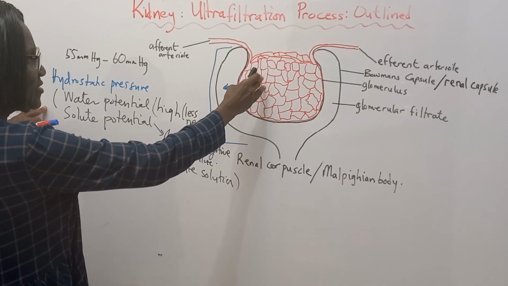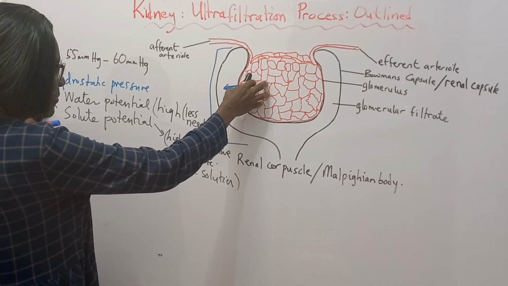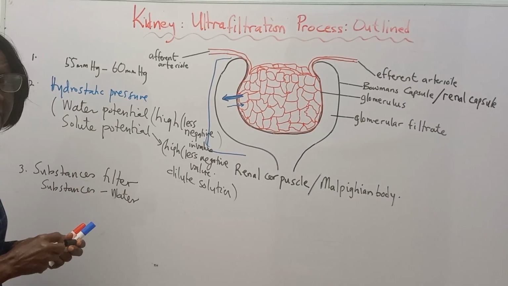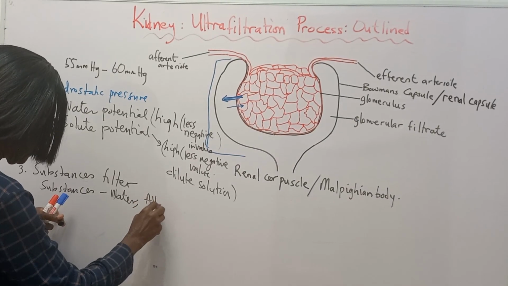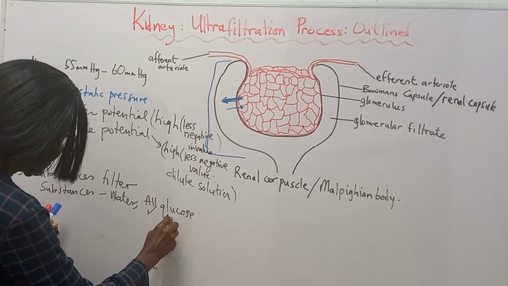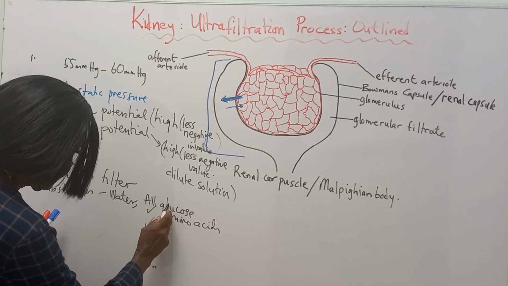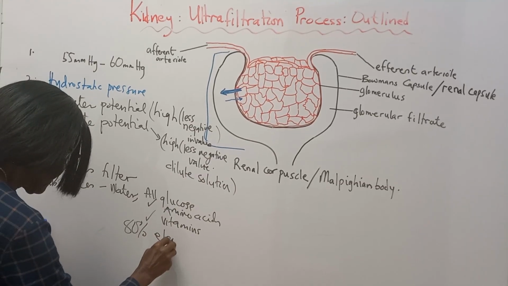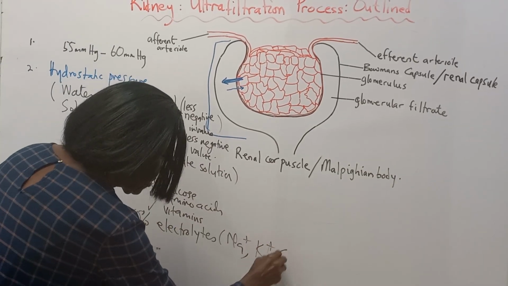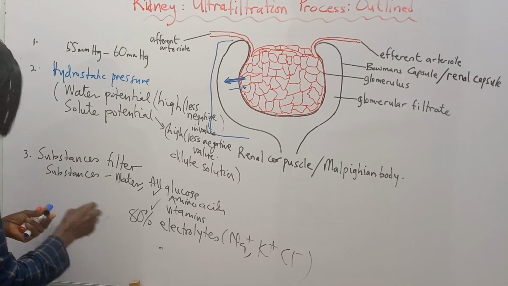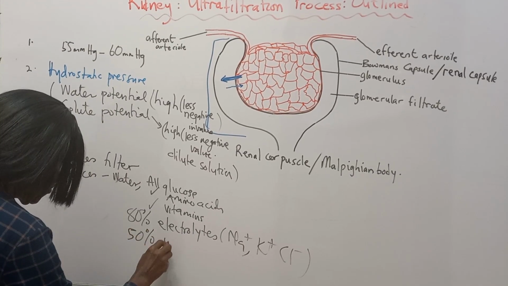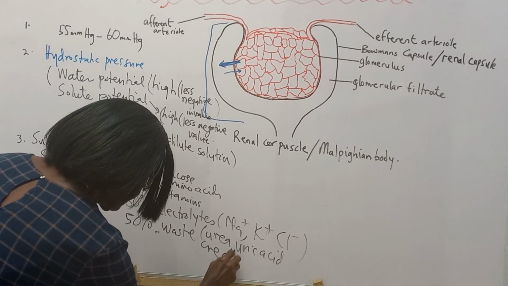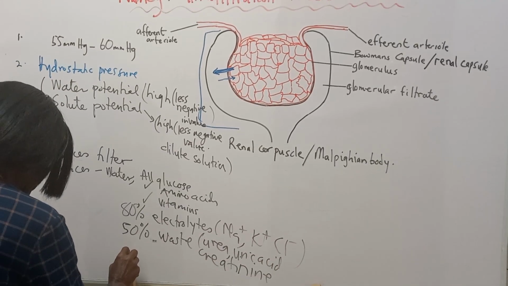So substances will filter from the glomerulus, the capillaries, into the glomerular filtrate. And substances like water, all glucose, all amino acids, all vitamins, about 80% of electrolytes like sodium, potassium, chloride, etc., and also about 50% of waste like urea, uric acid, creatinine, and then some hormones.